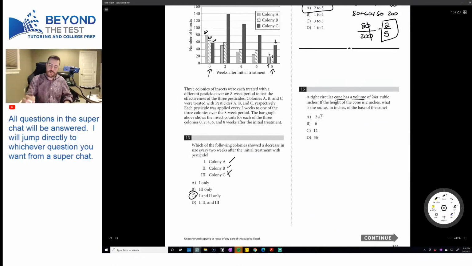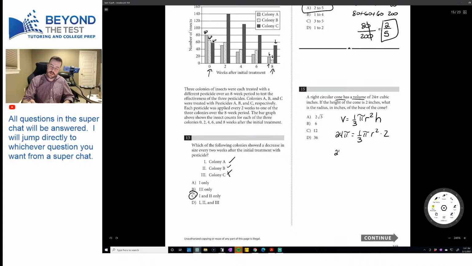So going back to our problem here, volume is 1/3 pi r squared h. Okay, now we're going to fill in what we know. So the volume is 24 pi equals the 1/3 pi r squared. Now we know the height is 2, so I could put in 2, and we're trying to solve for the radius here.